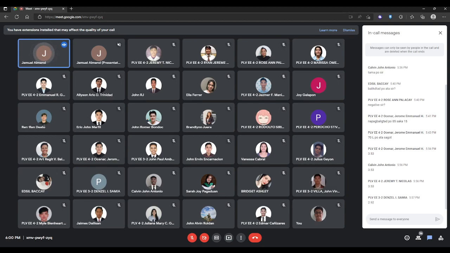Word problem ka agad, gulat ako. Pwede naman natin ituloy yun kaso. Sige.